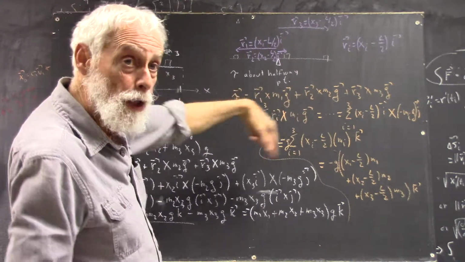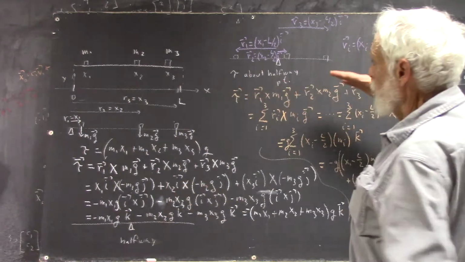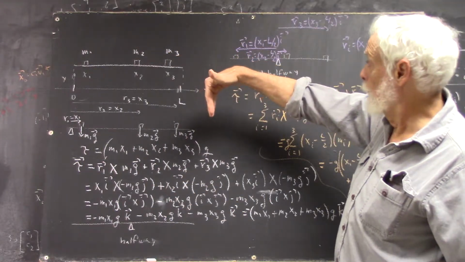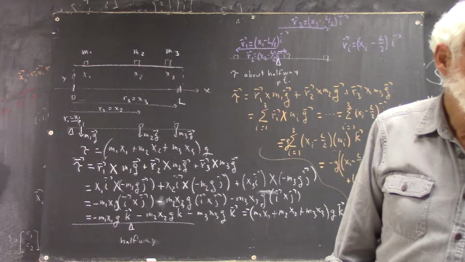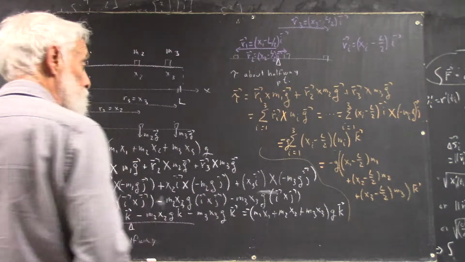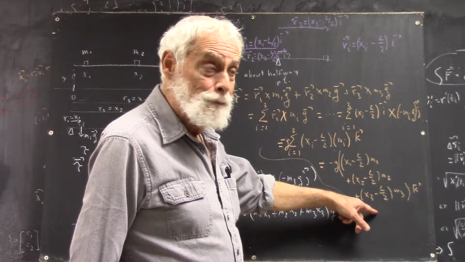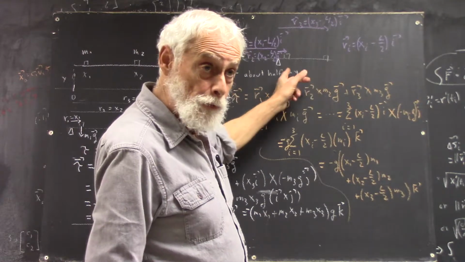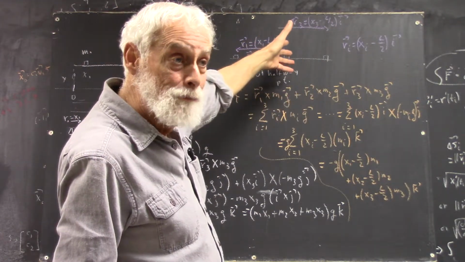Positive because it's counterclockwise, or positive because r is in this direction and you cross that toward the force and you get a vector in the positive z direction, right? Okay? Each of these other two will be negative because these are to the right of the fulcrum, presumably the way I drew it. Okay?